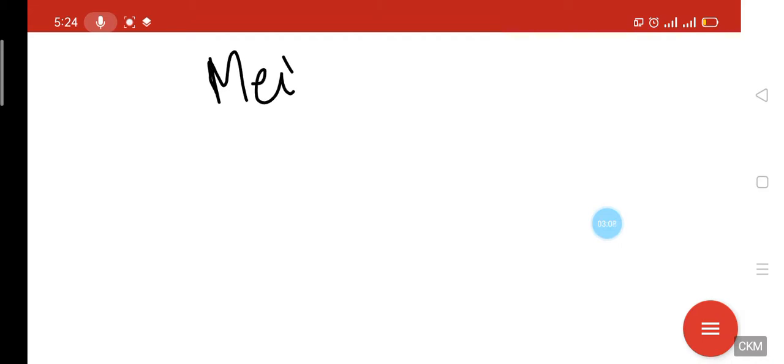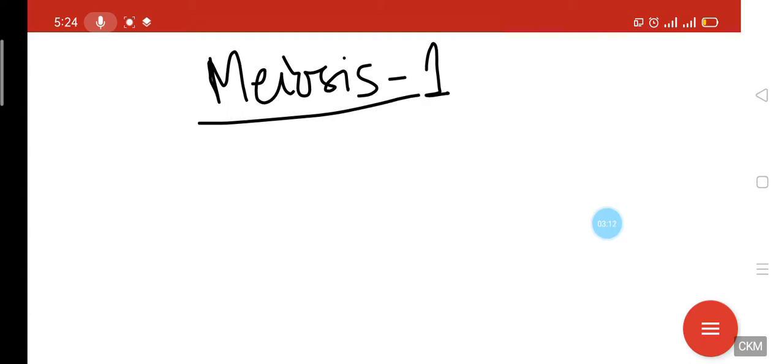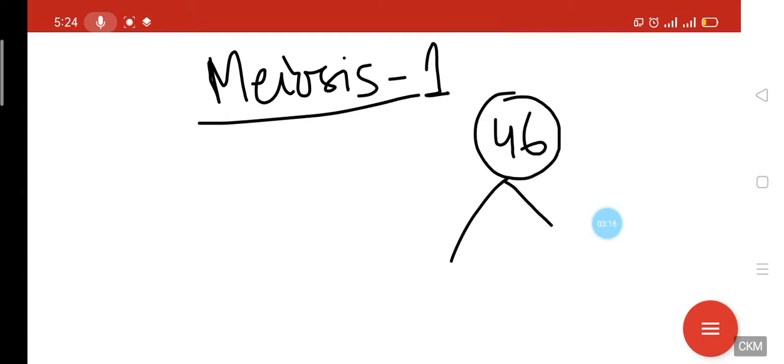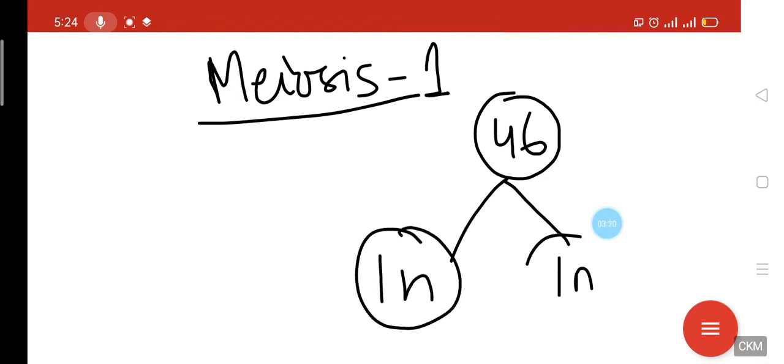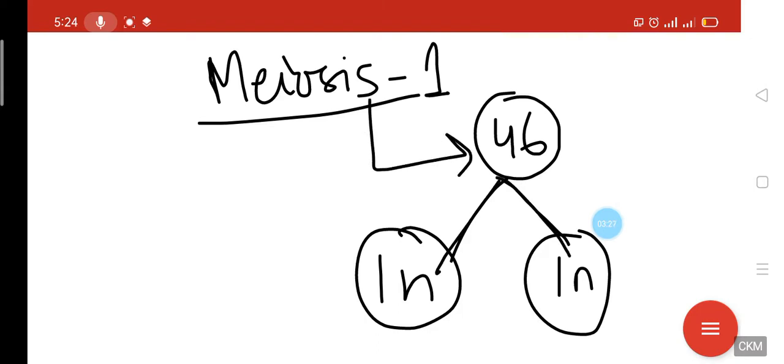Basically in meiosis 1, the parental cell having the diploid number of chromosomes produces 2 haploid daughter cells.